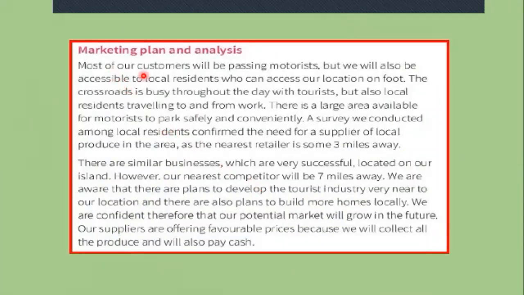The marketing plan and analysis. Most of our customers will be passing motorists, but we will also be accessible to local residents who can access our location on foot. The crossroad is busy throughout the day with tourists, but also local residents traveling to and from work. There is a large area available for motorists to park safely and conveniently.